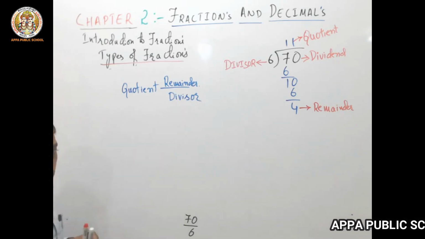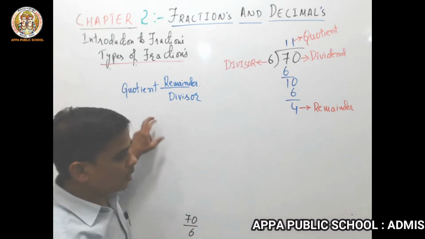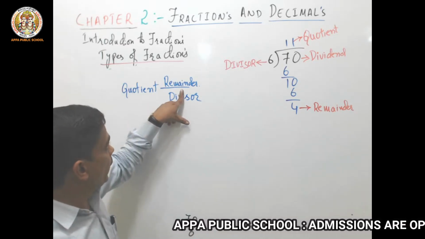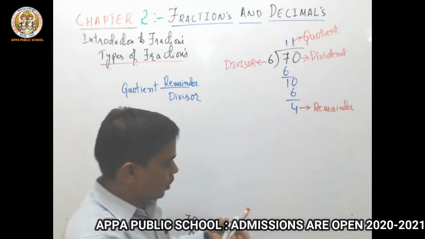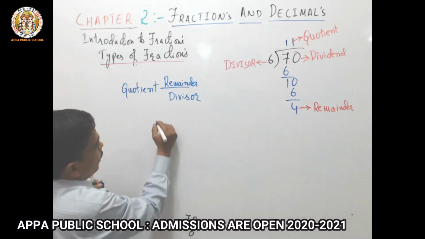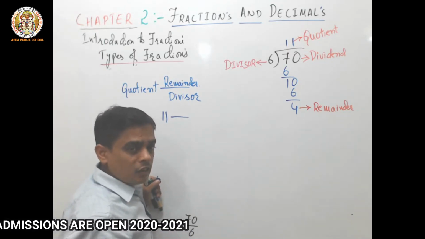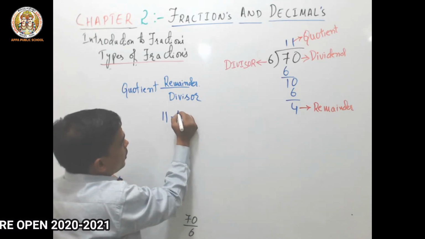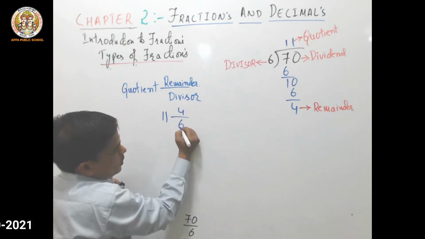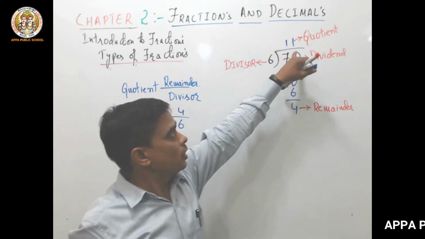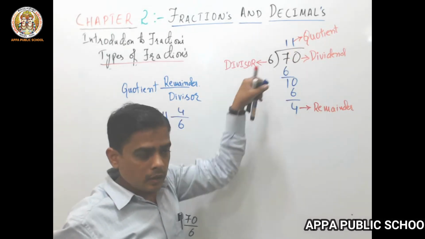Okay, now how to write here? See here please, quotient, remainder. So this is the quotient here, 11 is the quotient. So I'll write the answer. What will it be? 11 integer, 4 divided by 6. 11 integer 4 divided by 6.